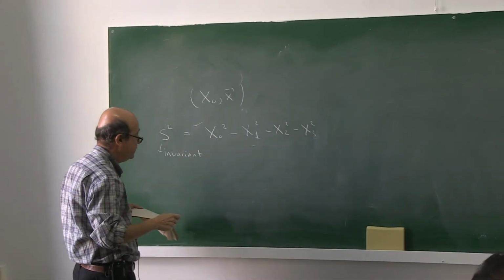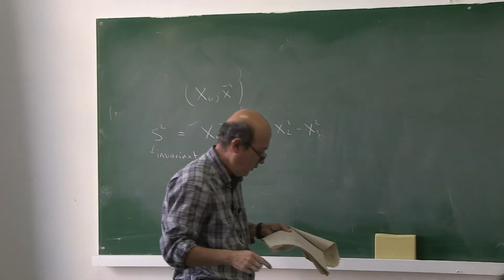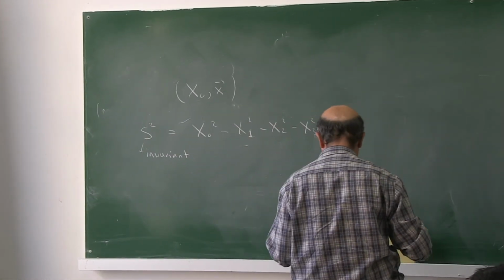Invariant, doesn't change. We discussed this. So this is called a homogeneous Lorentz group.